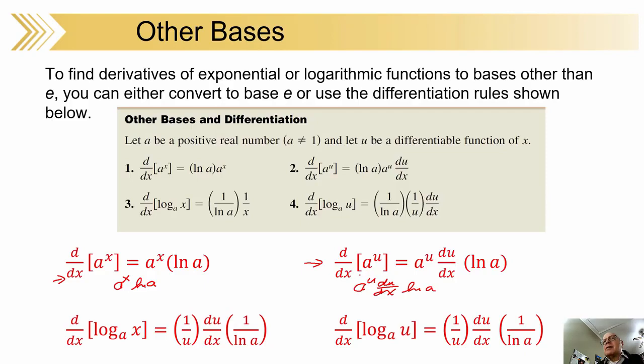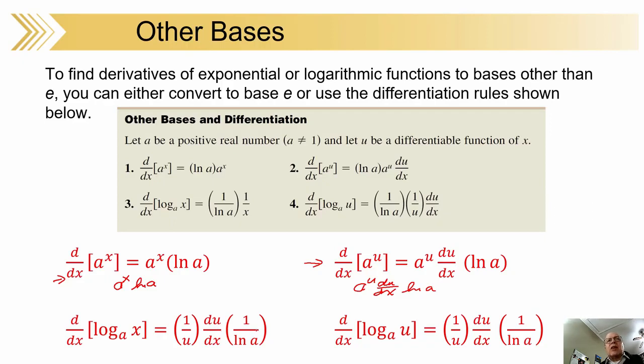So here, this is like e to the x. This is using the chain rule, and the natural logarithm of a because a isn't e, so you have to make the adjustment. The last ones, not too much different.